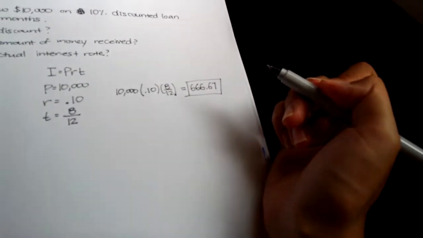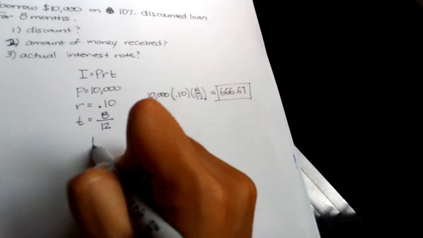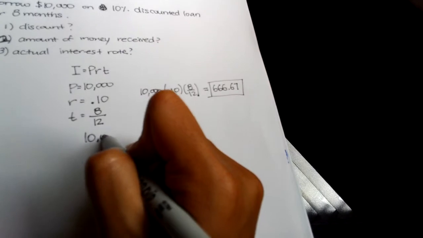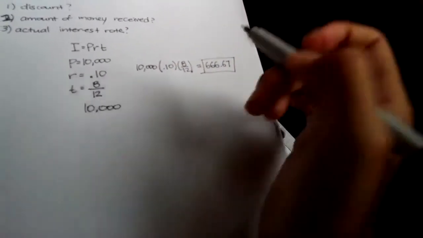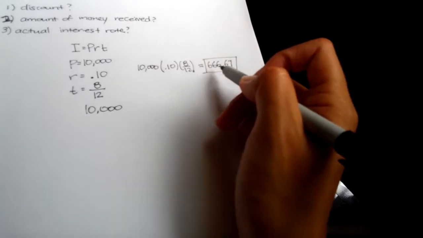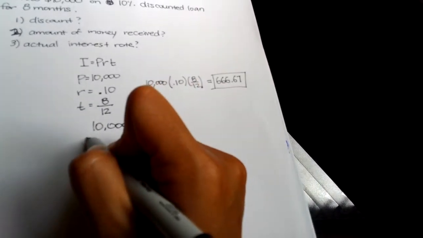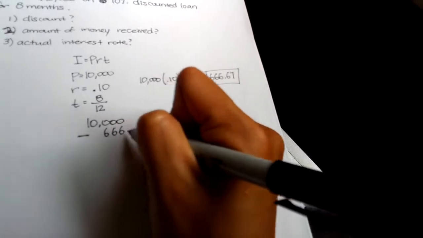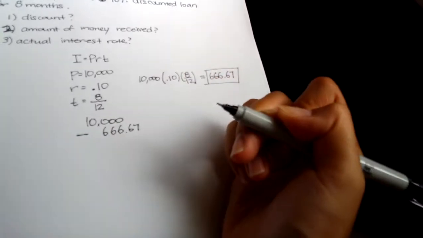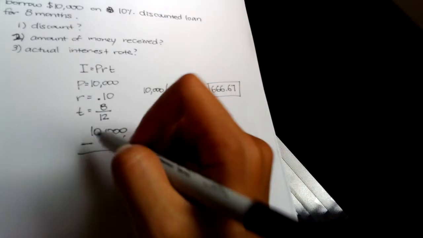So in other words, although you're technically borrowing $10,000, you are receiving this discount, which means they're going to take out the discount amount before they give you the money.